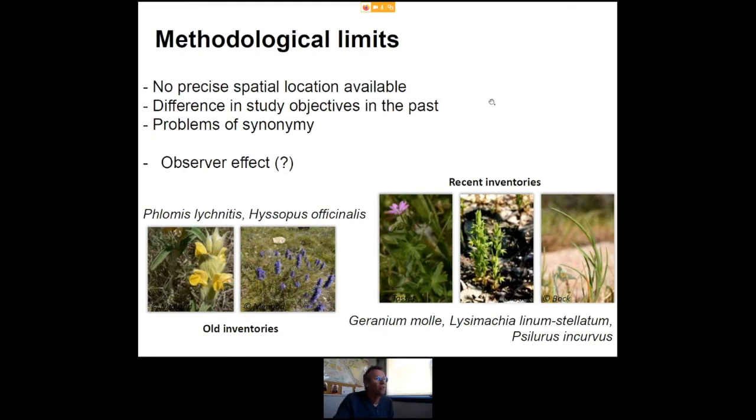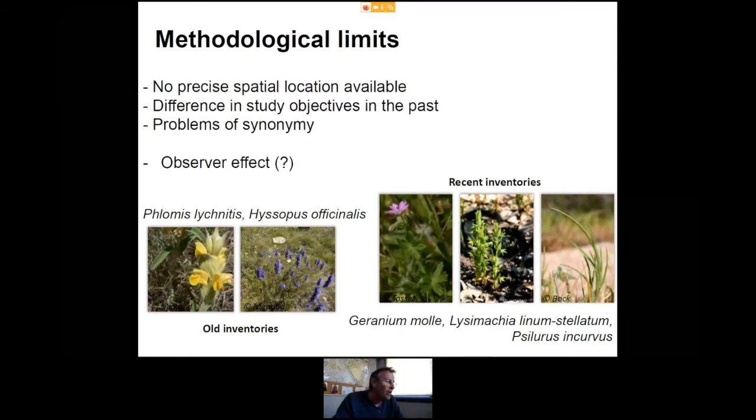And sometimes when our past colleagues, our past phytosociologists, did the job, it was not for the same objective as we have now. In general, they tried just to characterize the vegetation in a kind of regional approach, so they only realized several relevés of botanical inventories, and sometimes you've got an observer effect.